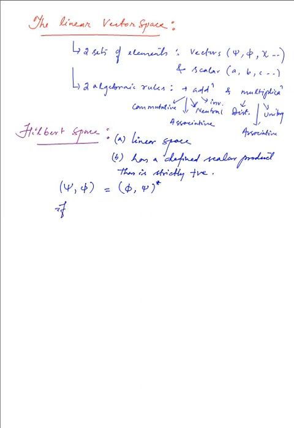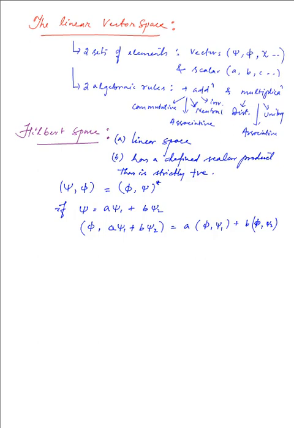If we have psi equal to a psi 1 plus b psi 2, so this is a linear combination, as you can see, with the scalars and the vectors associated in that. And if we have psi of that form, then phi taken with a psi 1 plus b psi 2, that is phi psi, is equal to a phi psi 1 plus b phi psi 2, the scalar product that we see over there.